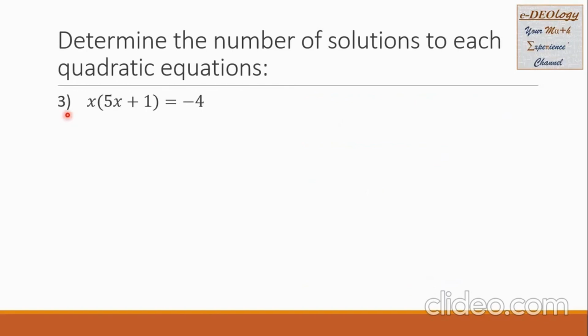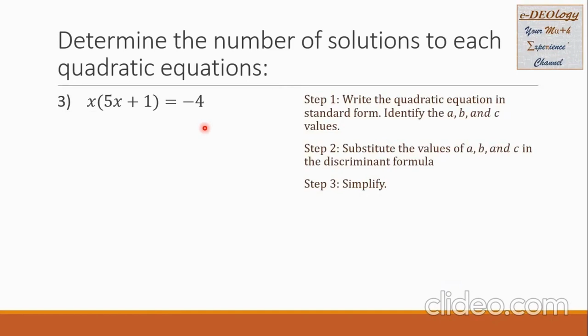Let us have example 3. The monomial x times the binomial 5x plus 1 equals negative 4. First, let us write the quadratic equation in standard form. The x here will be multiplied to each term of the binomial.